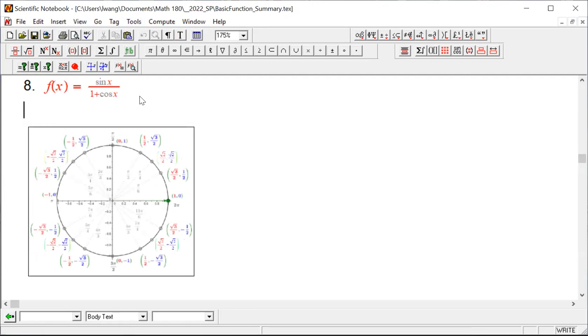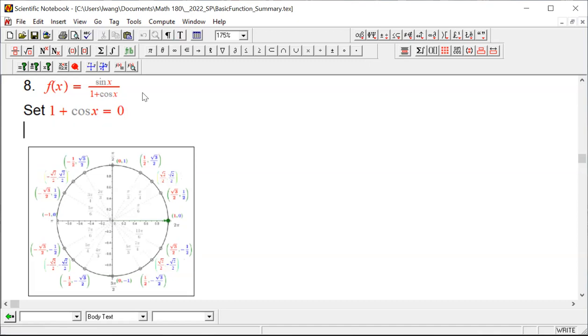So cosine x equal to -1 is possible. So we're going to set 1 plus cosine x equal to 0. We're going to find what value will cause the denominator to equal 0 and exclude those numbers from the domain. Okay, so that's our objective.